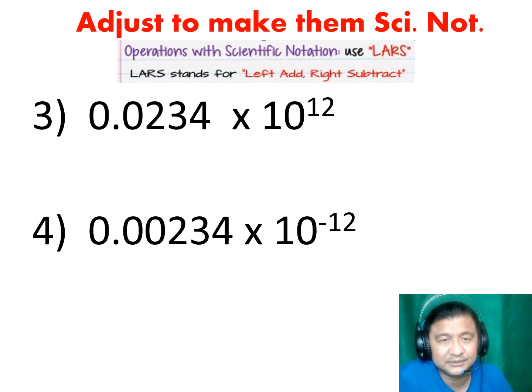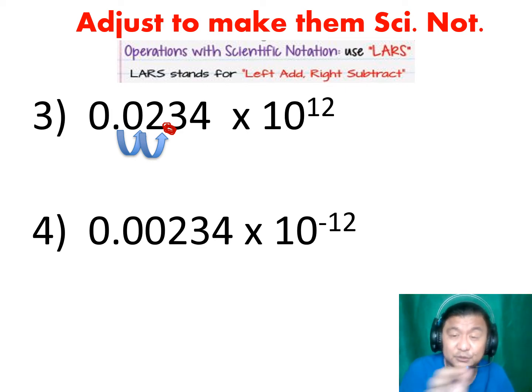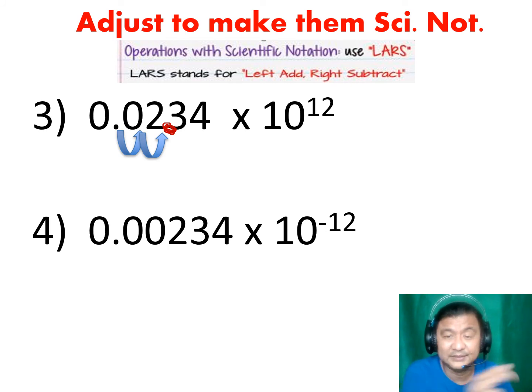Let's start with this. This is not a number between 1 and 10. So what do I do? The decimal point should be here, right? If it has to be there, I will have to adjust. I moved it 1, 2. I moved to the right, LARS, S, so I need to subtract.